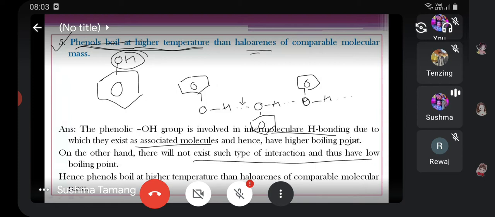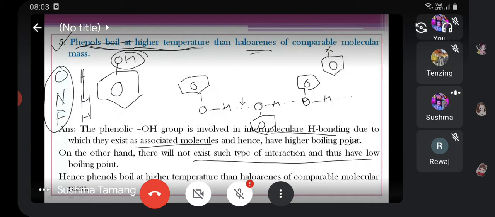So what is haloarenes? Benzene ring, and halo means halogen. Which interaction do you have here? There is no hydrogen bond. Hydrogen bond forms with hydrogen attached to oxygen, nitrogen, and fluorine. So these are the most electronegative elements, so they can form hydrogen bond with hydrogen of some other molecule.